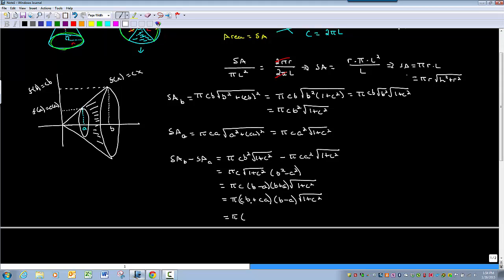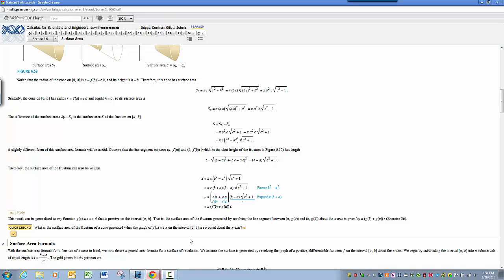Well, because cb is f at b, and ca is f at a. And so let's see here if there are any other simplifications. This thing looks like right here, I've got the b minus a times this.